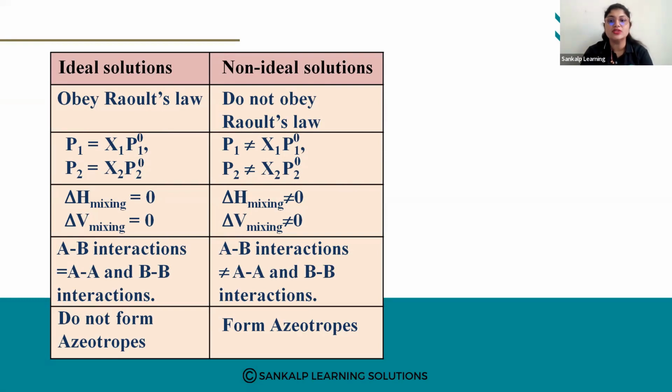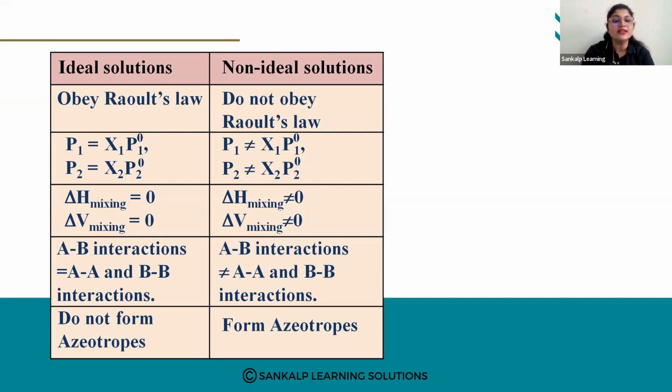In non-ideal solutions, P1, the partial vapor pressure, is not equal to psi 1 into P1 naught, where P1 naught is the vapor pressure of the pure component. P2 is not equal to psi 2 into P2 naught.